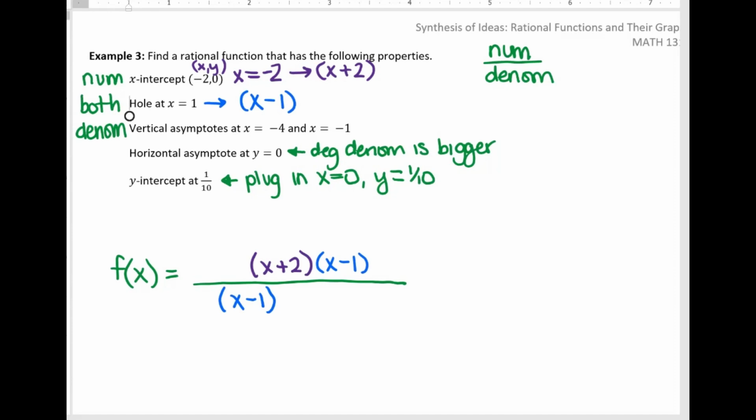We have vertical asymptotes of x equal to -4, which gives us x plus 4. And when we have x equal to -1, that gets us x plus 1. And these were our vertical asymptotes, so they are going to be plugged into the denominator.